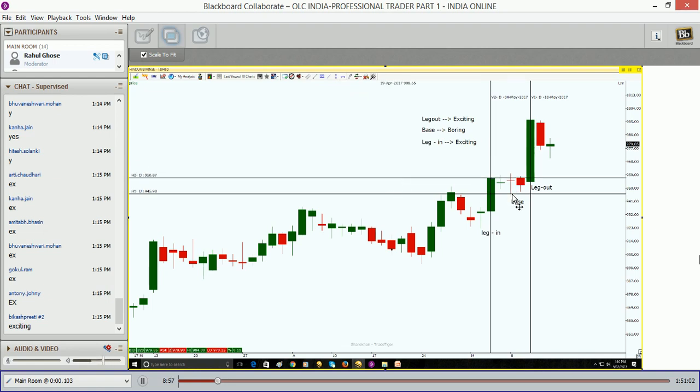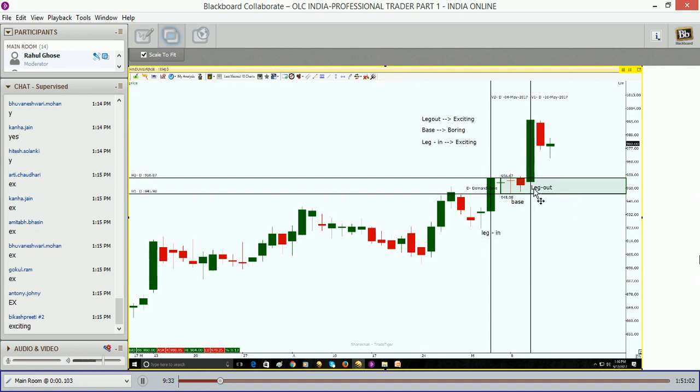I mark the lowest wick of the lowest base, and I mark the highest body of the highest base. Then I select the demand zone tool and mark this as my demand zone, between the lowest wick of the lowest base and the highest body of the highest base.